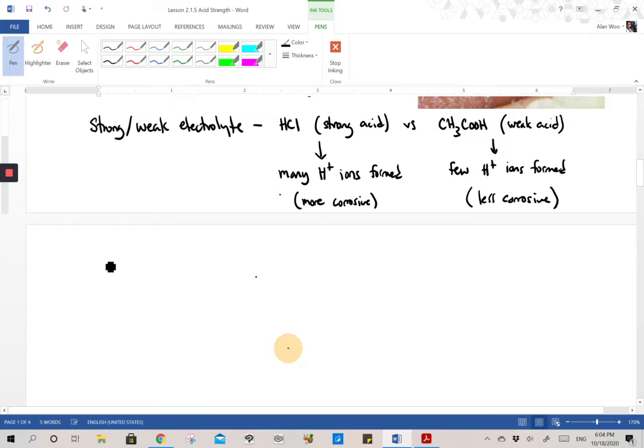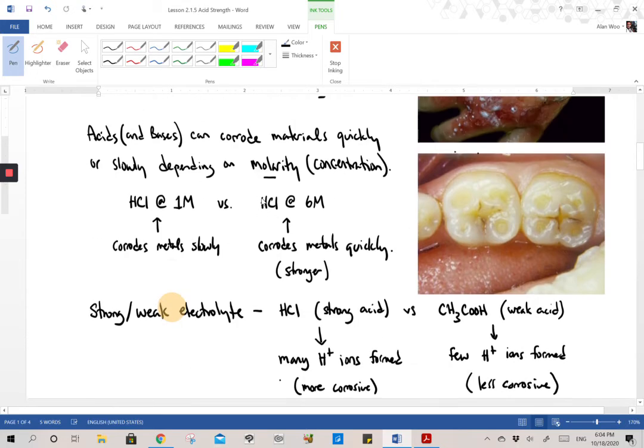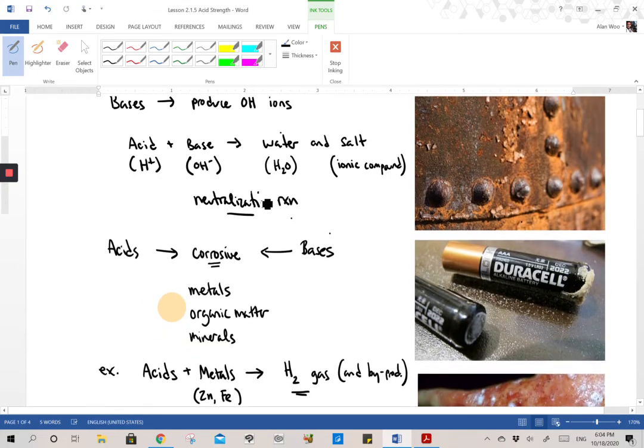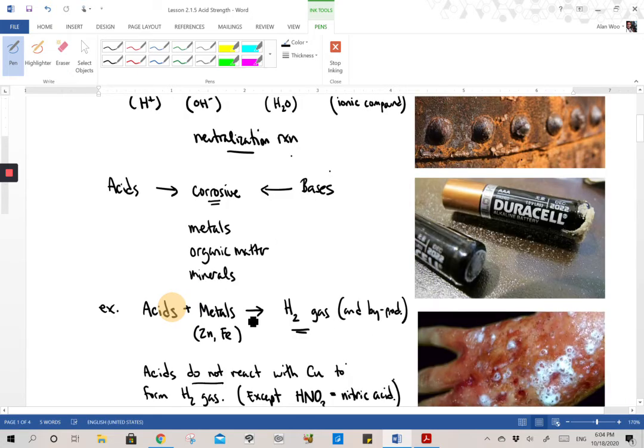So to summarize, the strength of an acid depends on the following. When you go back to what we had looked at before, it depends on what it's reacting with.